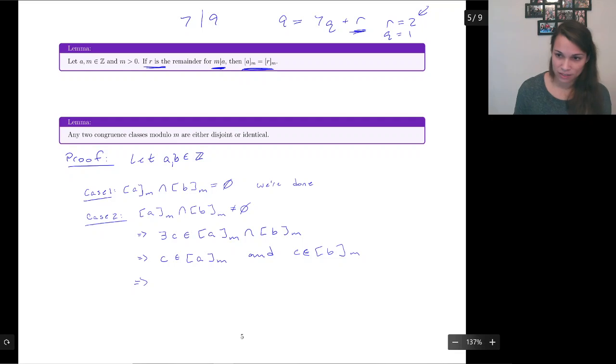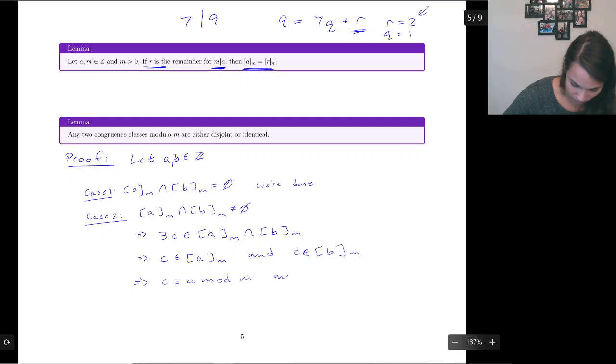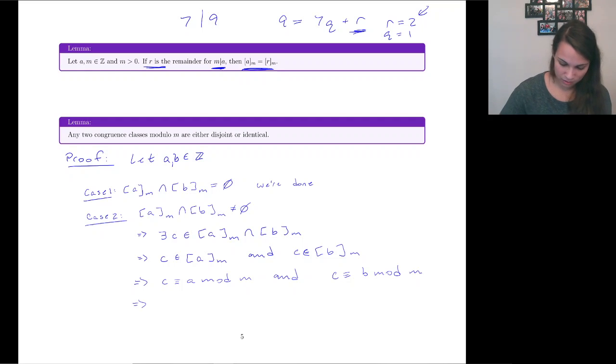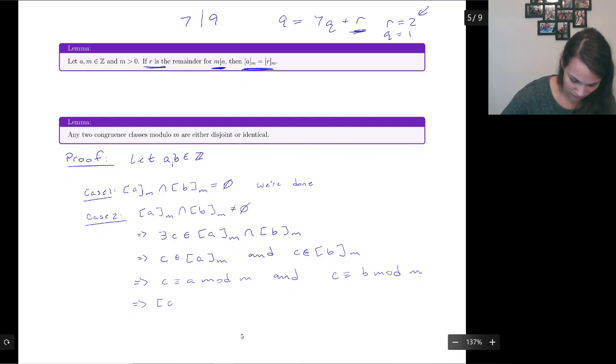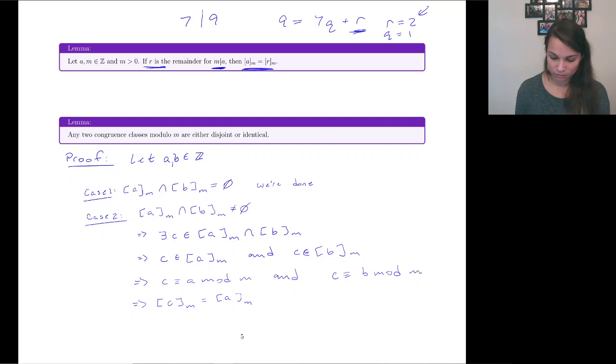By definition of being in those congruence classes, C is congruent to A mod M, and C is congruent to B mod M. So that means the congruence class of C is equal to the congruence class of A. That was the theorem that we just proved, the first theorem that we proved.